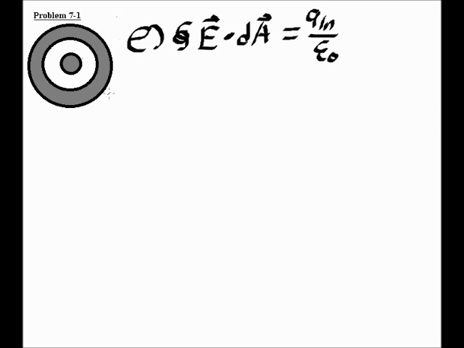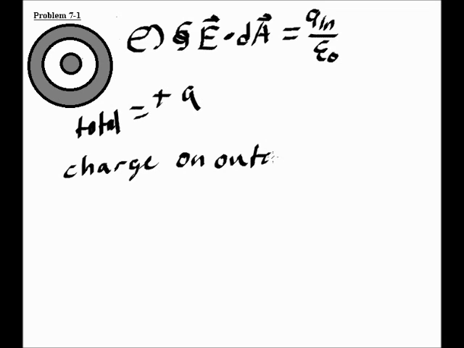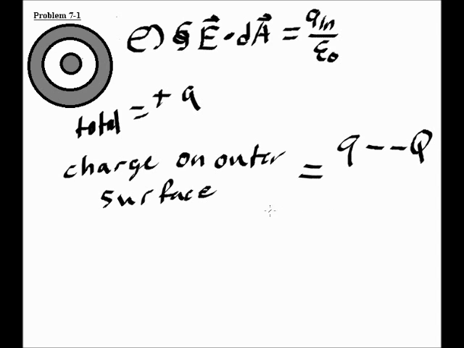So, since the total charge of the outer conductor, this whole thing, is equal to plus Q, total charge, that must mean that the outer surface of the conducting shell is equal to the total charge minus the charge on the inner surface of the conducting shell, which is equal to negative big Q. So that equals Q plus big Q.